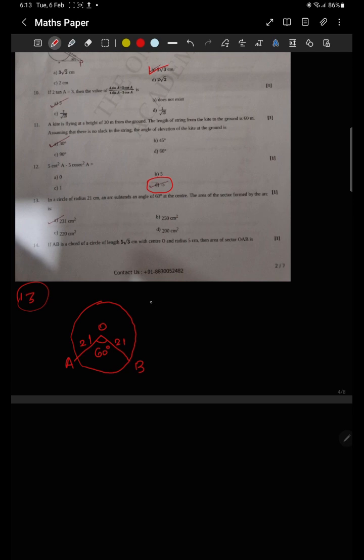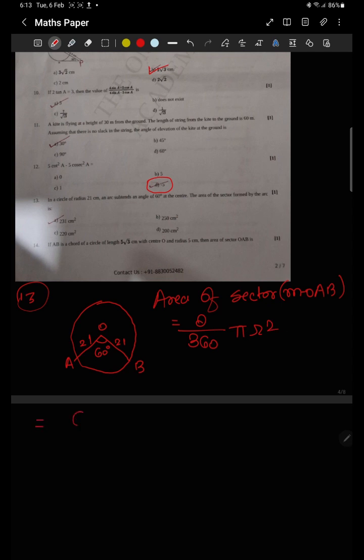Okay, so the formula of the area of a sector is nothing but theta by 360 into pi r square.